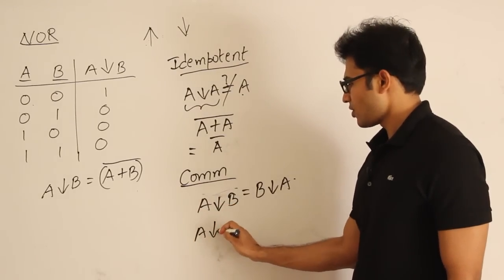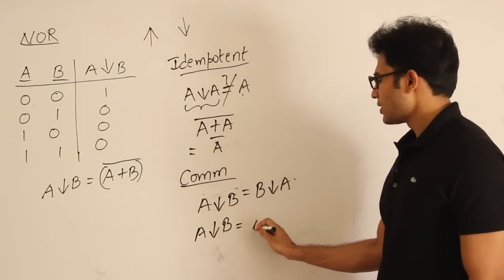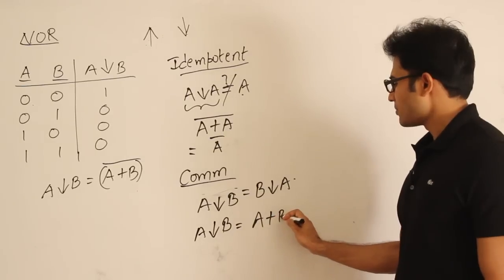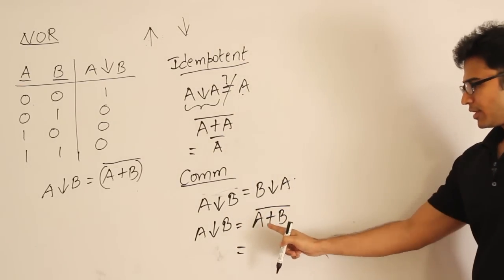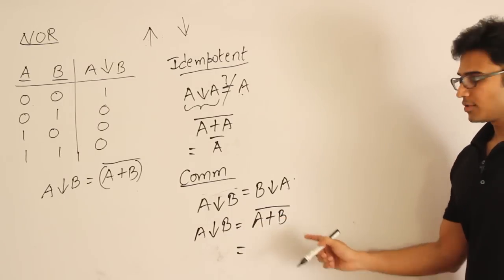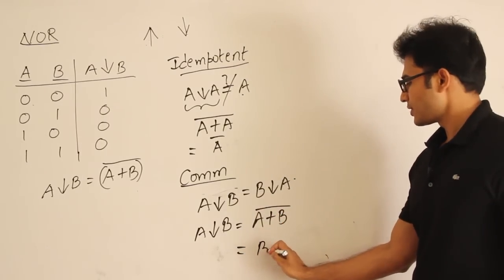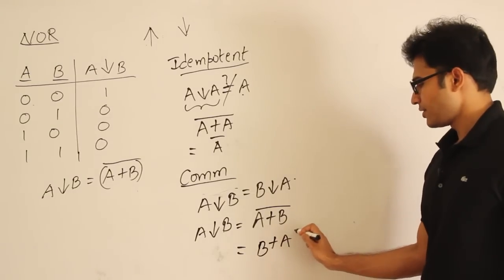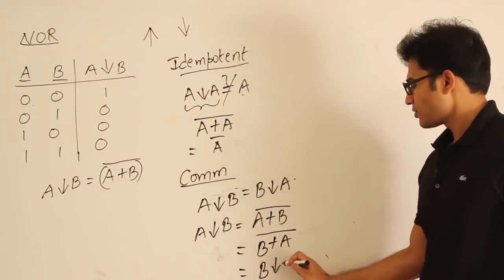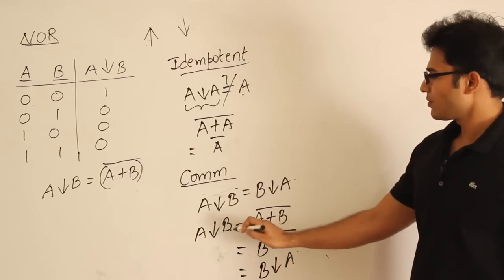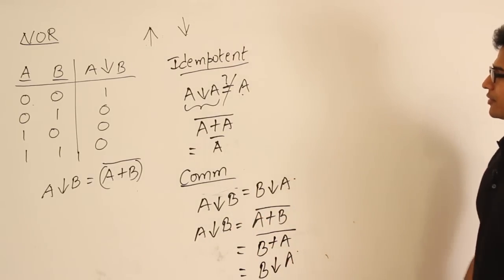LHS is A NOR B. How can you write it? (A OR B) complement. Now you know that plus is commutative, therefore I just write it like this. (A plus B) is nothing but (B plus A) complement. Now it is nothing but B NOR A. So A NOR B equal to B NOR A, therefore it is commutative.